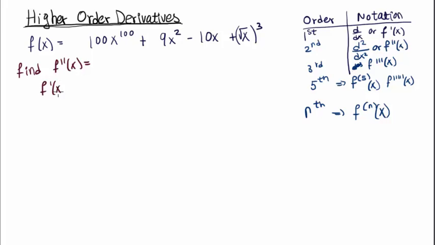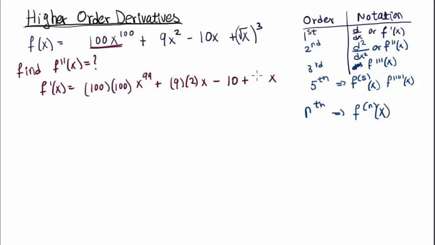So f prime of x is equal to, we go term by term, we keep the coefficient 100, bring down the exponent, which is 100, keep the x, get rid of 1 from the 100, so it'll be 99, plus, keep the coefficient, bring down the 2, keep the x, take 1 away from the top, so that'll just be 1, right? So I'm not going to rewrite that. Take the minus, derivative of 10x, you'll get the hang of it, it's just 10, keep the plus, keep the x, bring down the exponent, keep the coefficient, which is 1, right?